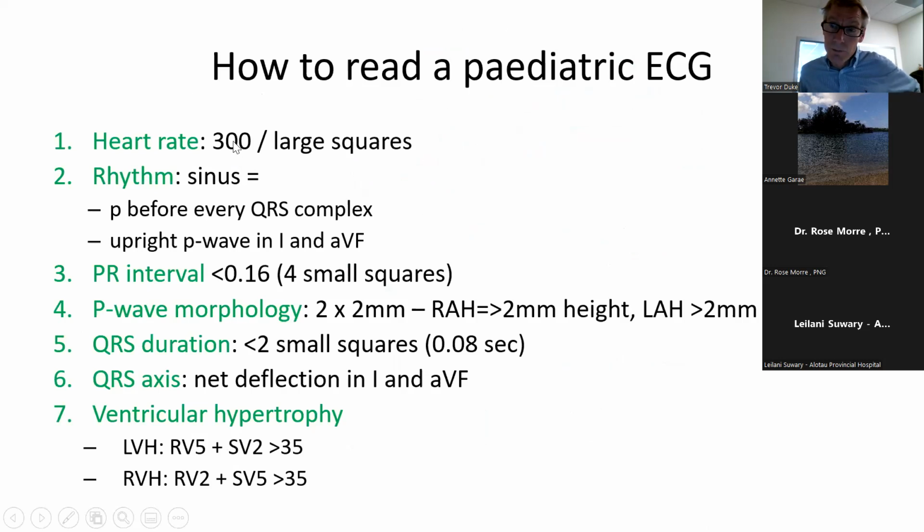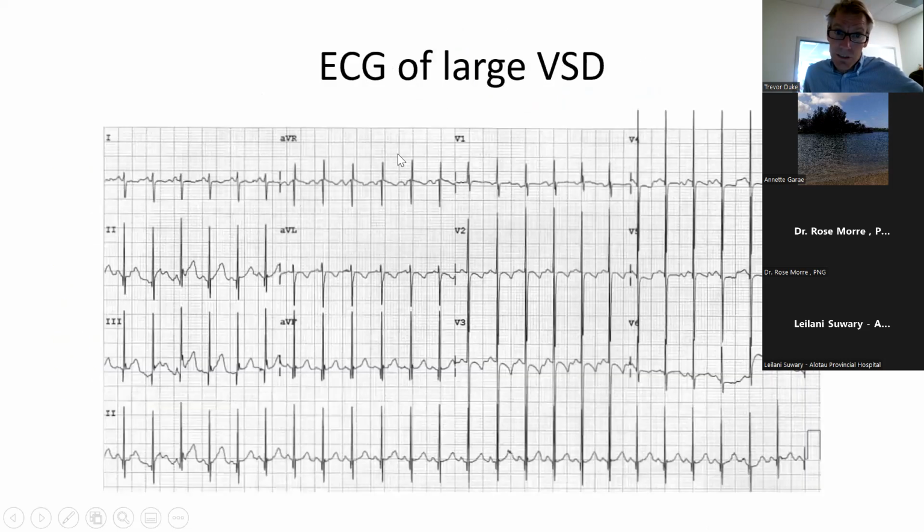The heart rate, remember, is 300 divided by the number of large squares in the ECG. So let's do the heart rate in this case. There's 2 large squares between the RR interval in this ECG. So that's 300 divided by 2. So there's 150. The rate is 150.